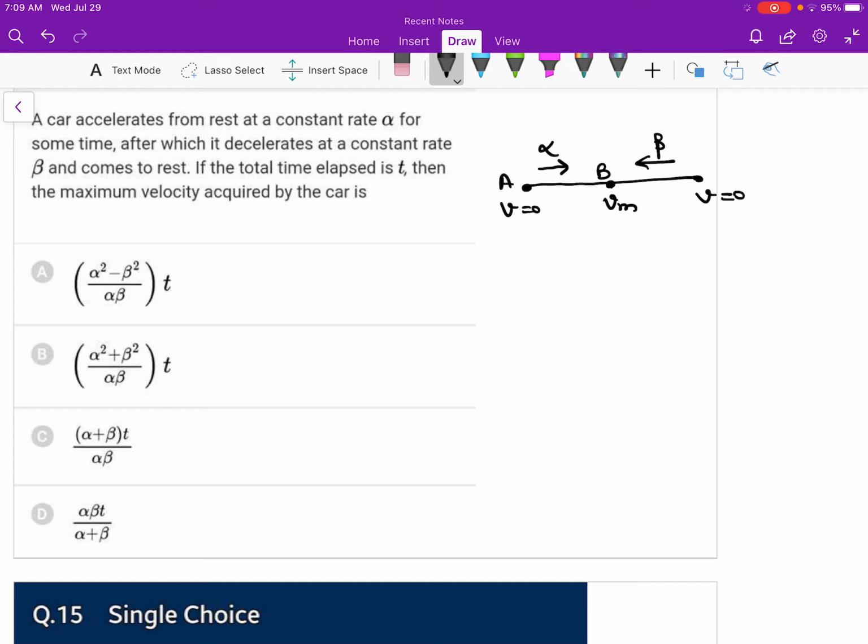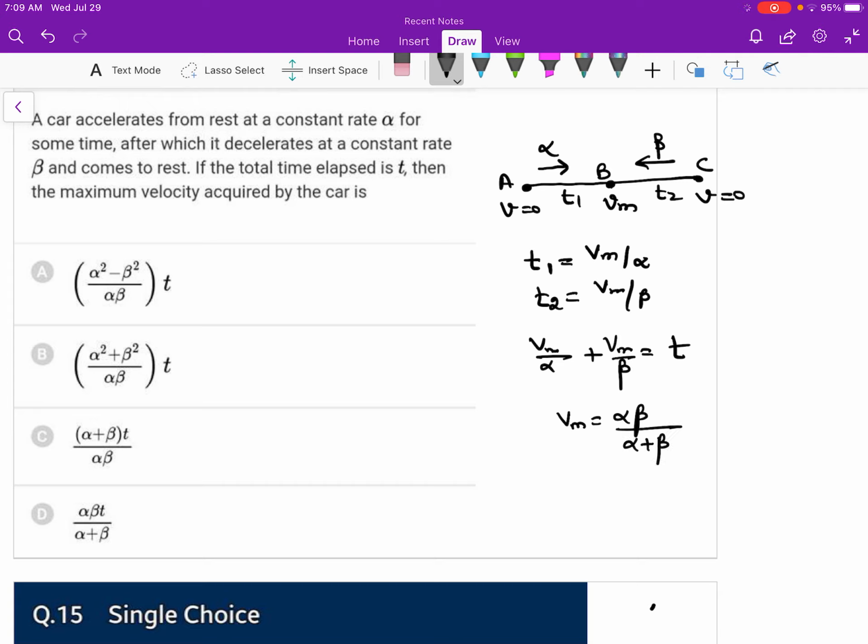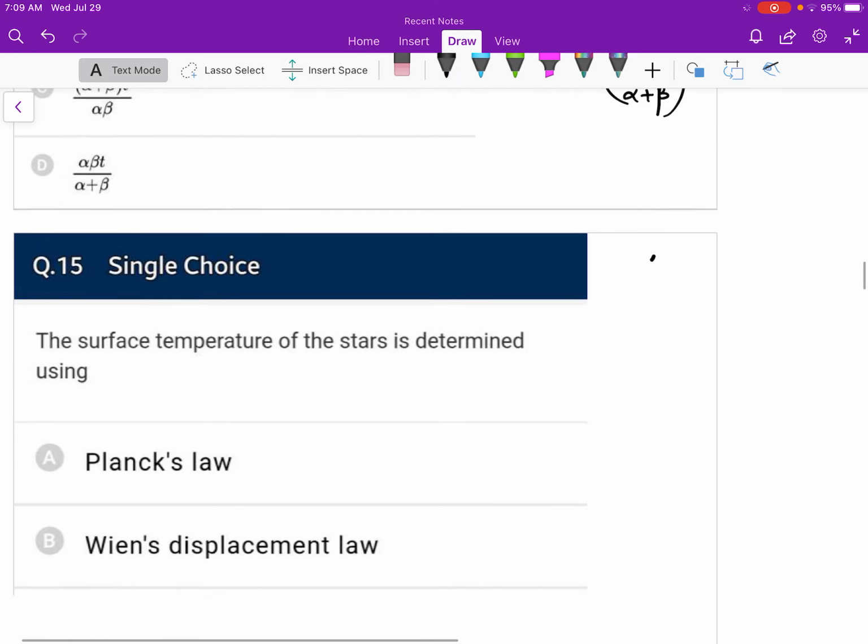From the first equation between A and B, we get T1 is Vm by alpha, and between B and C, T2 equals Vm by beta. So Vm by alpha plus Vm by beta is equal to T. So Vm is alpha beta upon alpha plus beta into T. Or we can solve this problem using the v-t graph as well.